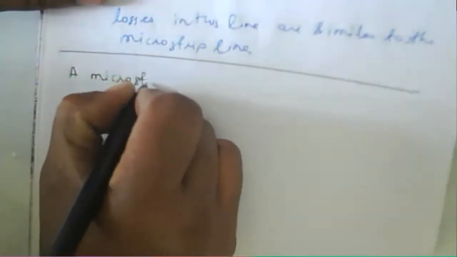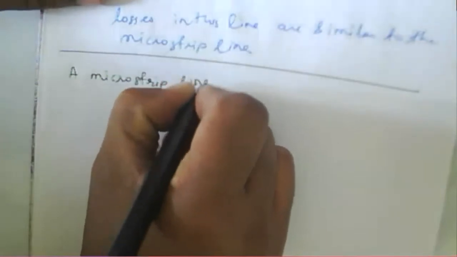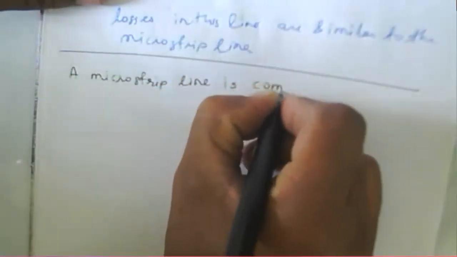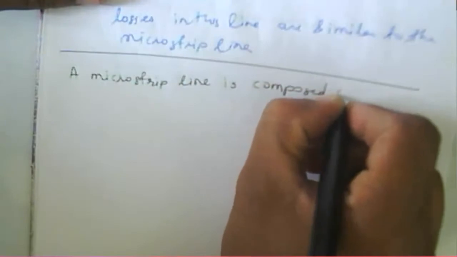a waveguide, a microstrip line and a slotted line, and that is about the microstrip line structure.